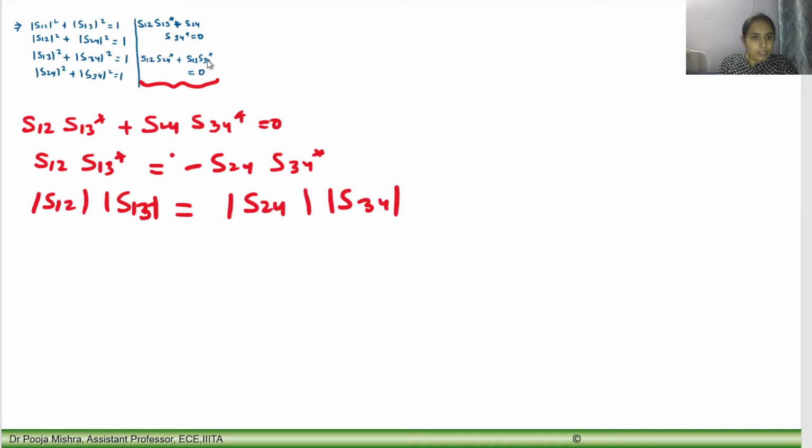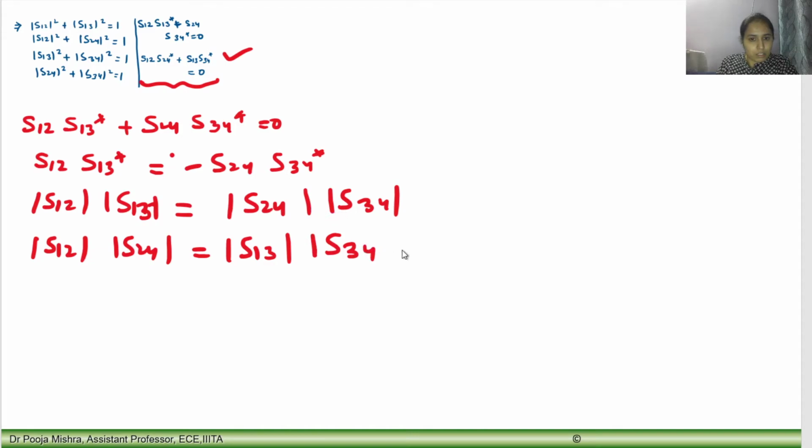Similarly we could write the other equation as mod S12 mod S24 is equal to mod S13 mod S34.